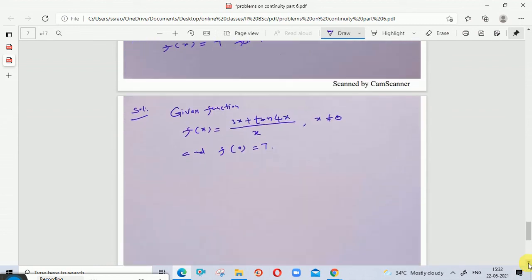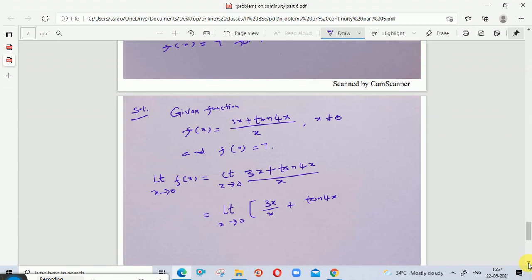Now limit x tends to 0 of f of x, that is 3x plus tan 4x by x, so that is equal to limit x tends to 0 of 3x by x plus tan 4x by x.